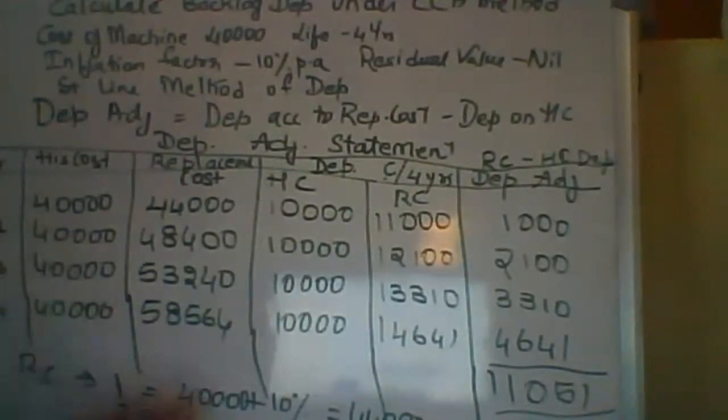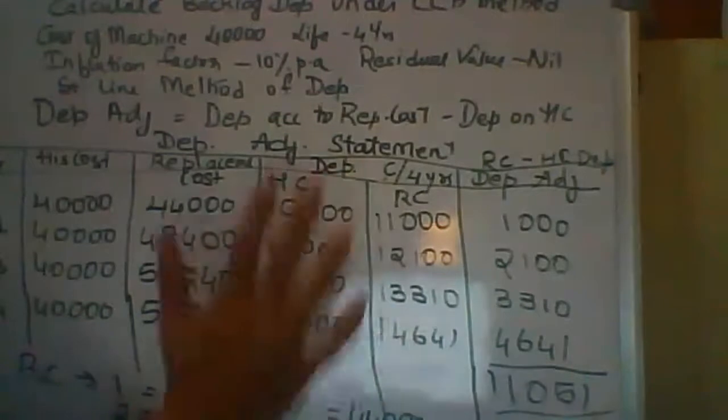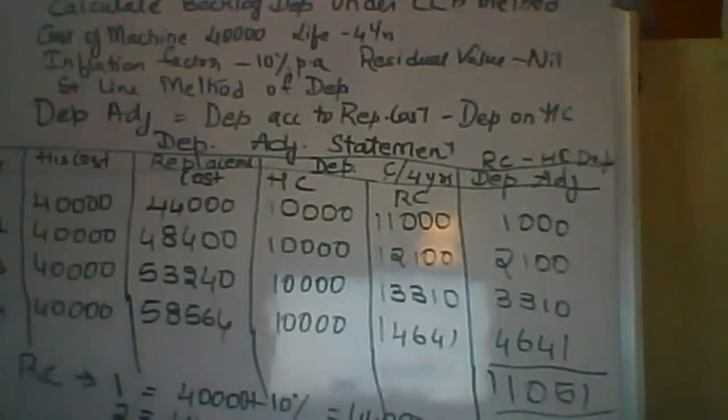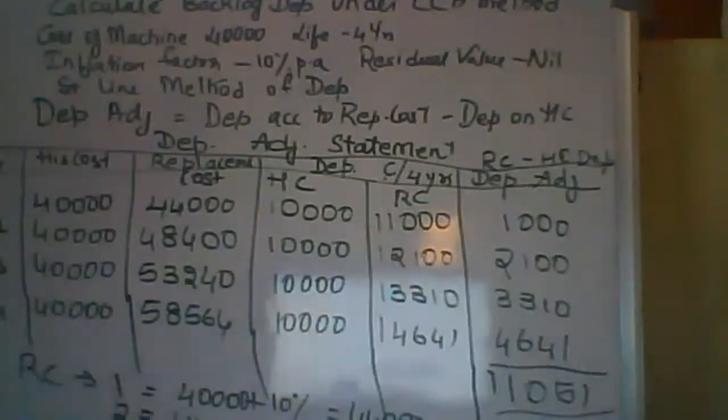But here what's happening? First year a different amount because of inflation. Second year a different amount. Third year a different amount. Fourth year a different amount. So what's happening? Each year separate amounts will come in RC, replacement cost, if it is taken according to inflation. So each year you are calculating a different depreciation.